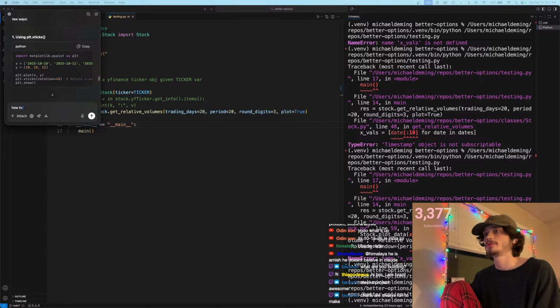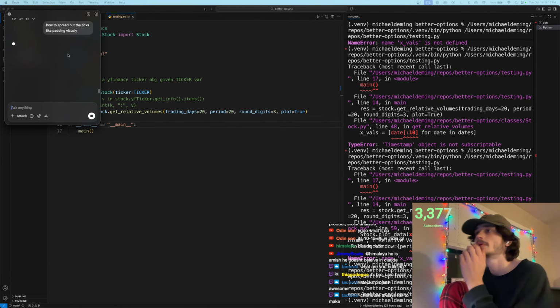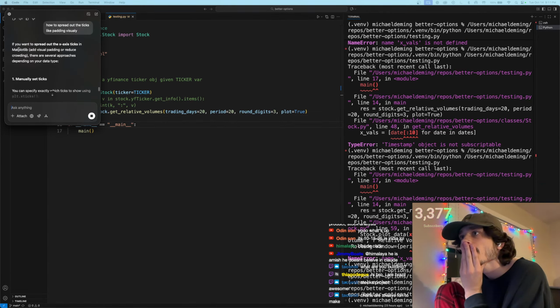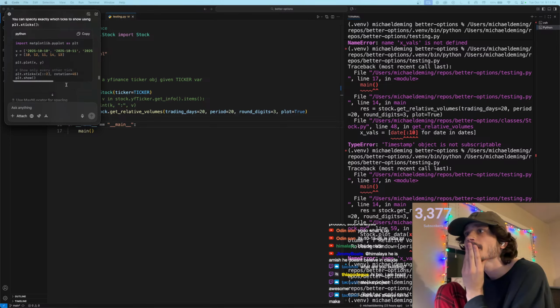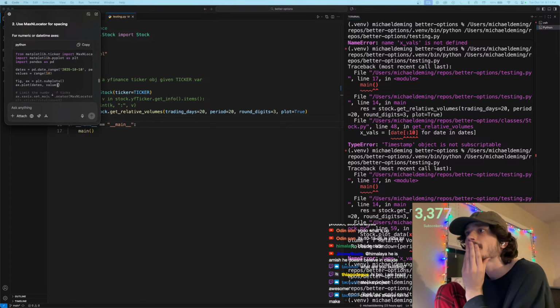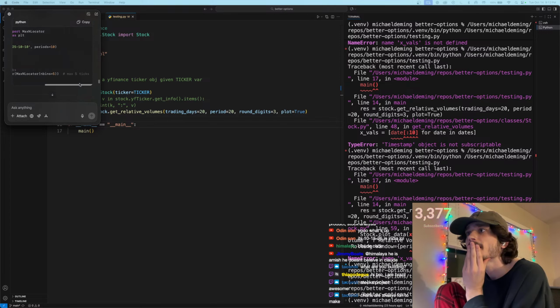How to spread out the ticks, give padding visually. X ticks show only every other tick. Or you can do max n locator, max 5 ticks, limit the number of ticks.